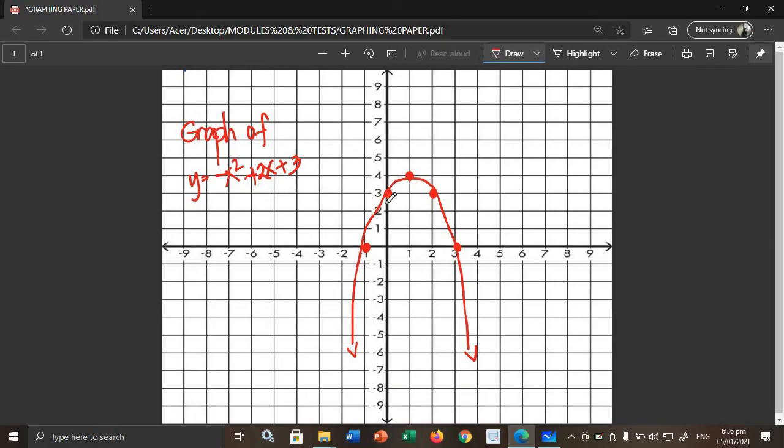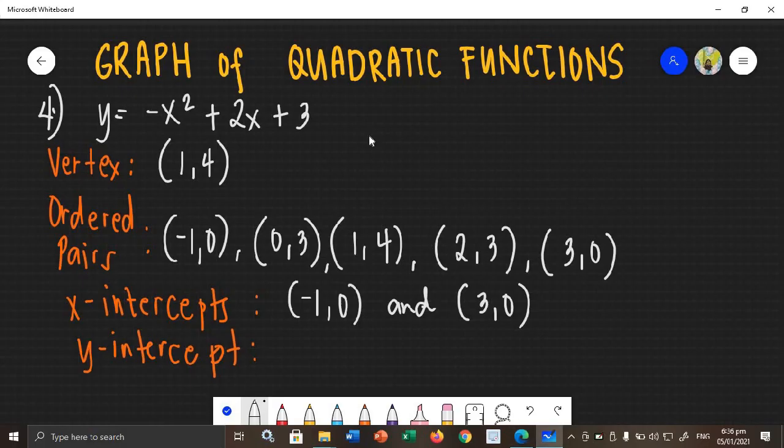And then the y-intercept, as you can see, this is the point that crosses the y-axis. So therefore, that is the y-intercept. That is 0 and 3. So that's it. That is how you graph different forms of quadratic function.